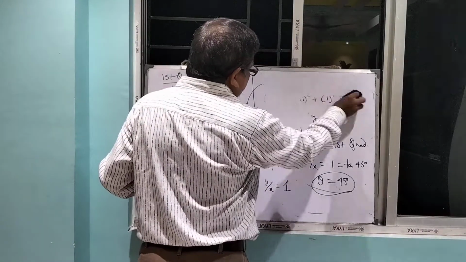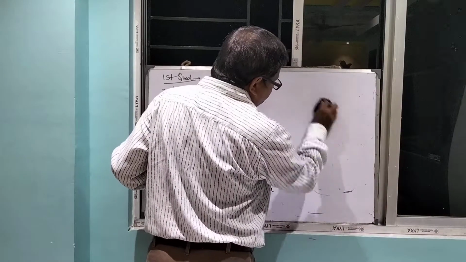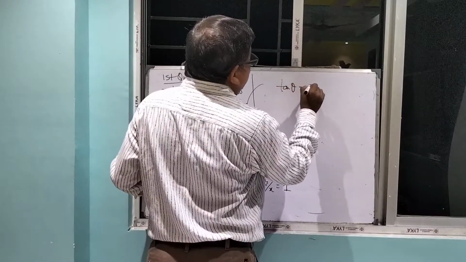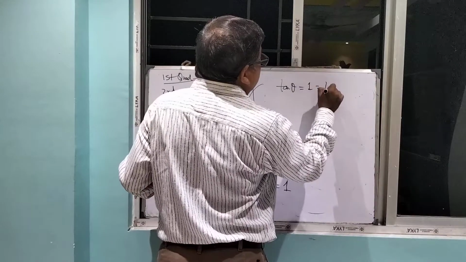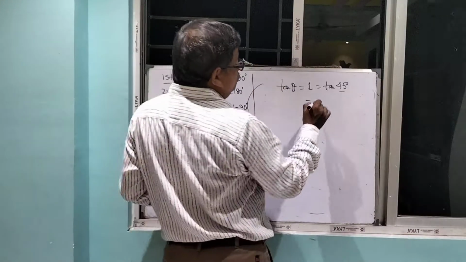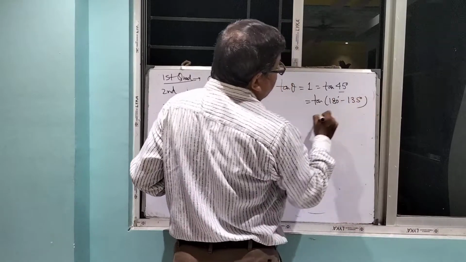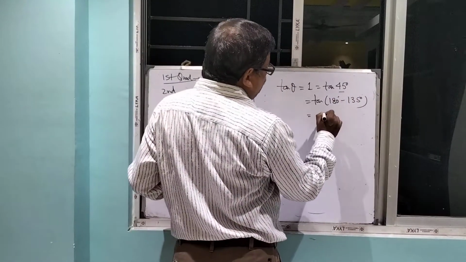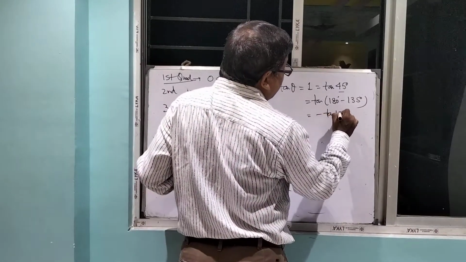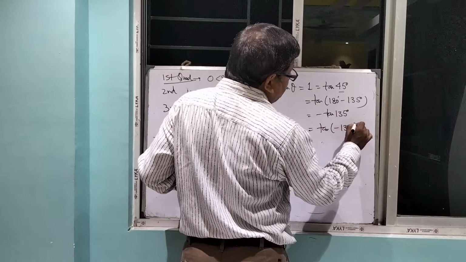Then how to find it? Look here. See, tan theta is 1. So write tan 45 degree first. Then this 45 you can write as tan of 180 degree minus 135 degree. Now tan of 180 minus theta is minus tan theta, so tan of 135 degree.